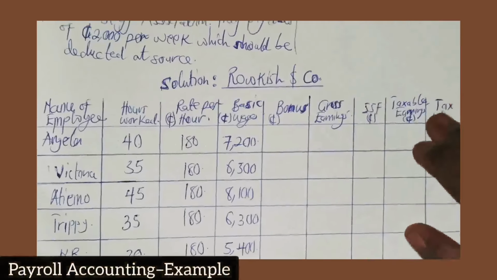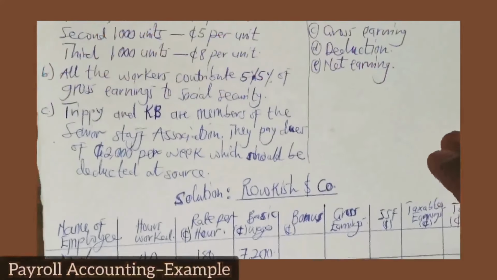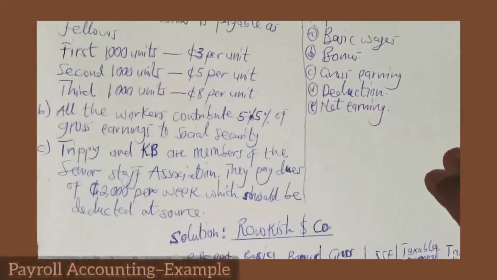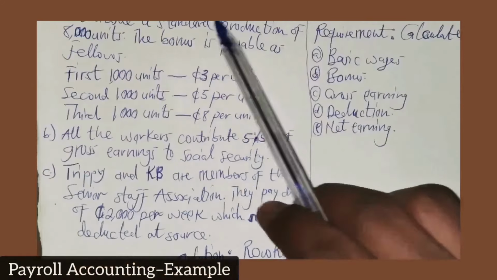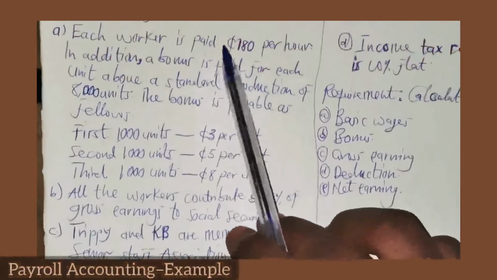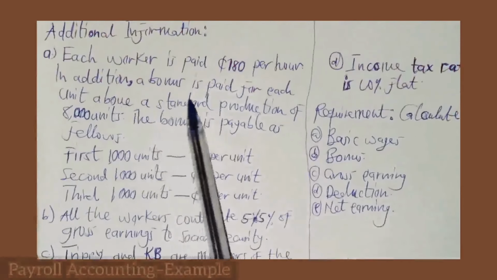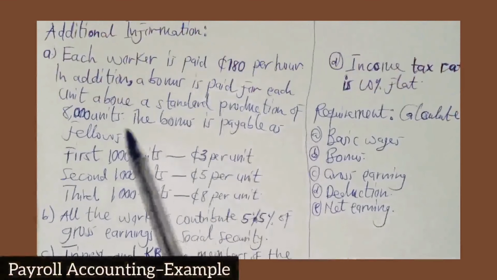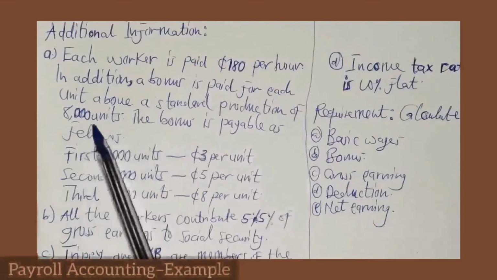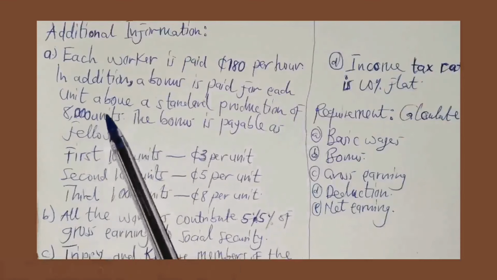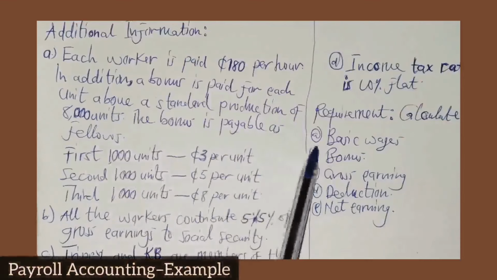With the bonus, they made that information clear here: in addition, a bonus is paid. Where is it? That is A. In addition, a bonus is paid for each unit above a standard production of 8,000 units. So this is the standard production of 8,000 units, and the bonus is payable as follows.